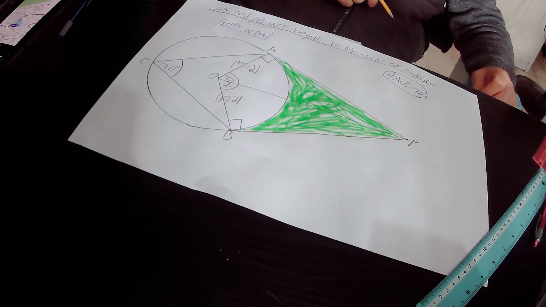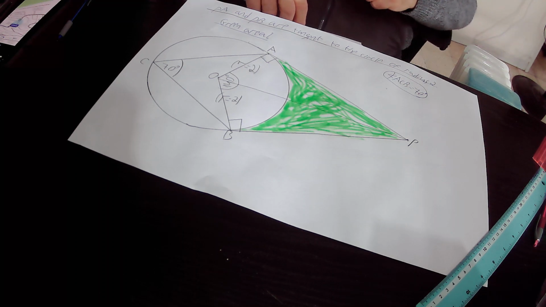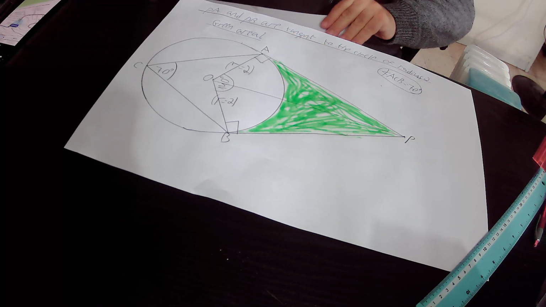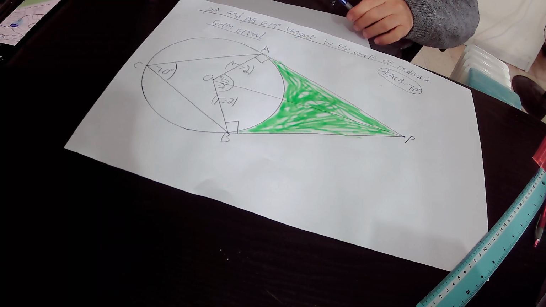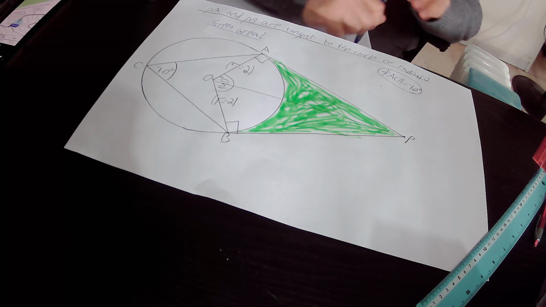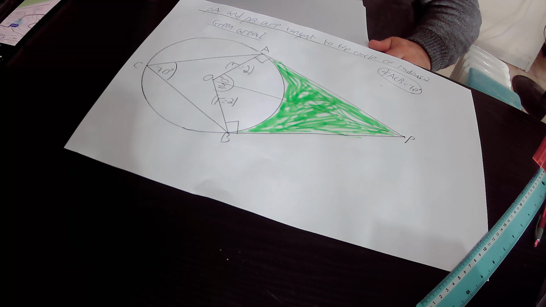So in the next step, we will prove that those two right triangles are congruent. So actually we'll prove that the upper right triangle, triangle OAP, is congruent to the lower right triangle, triangle OBP.